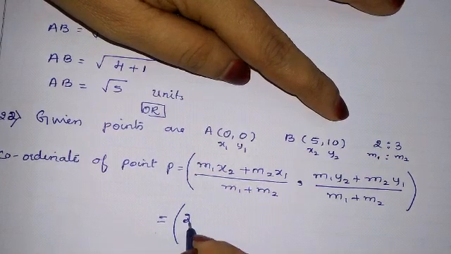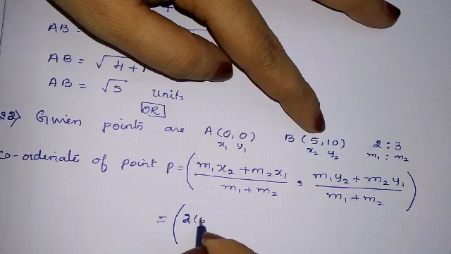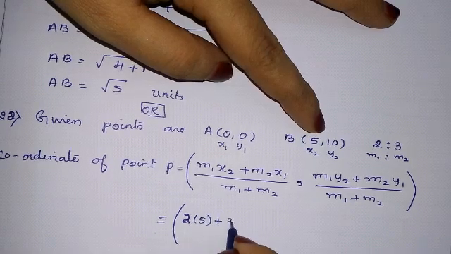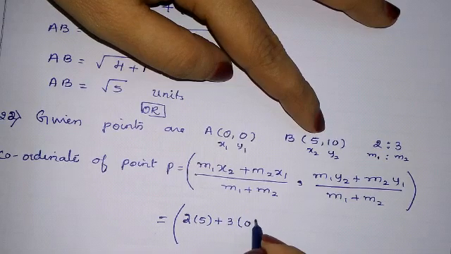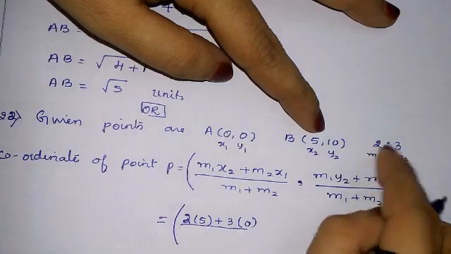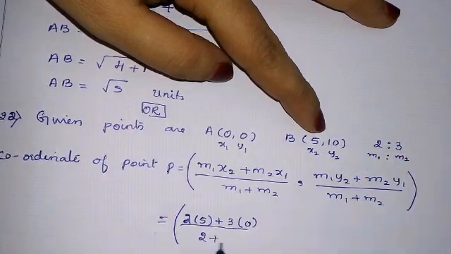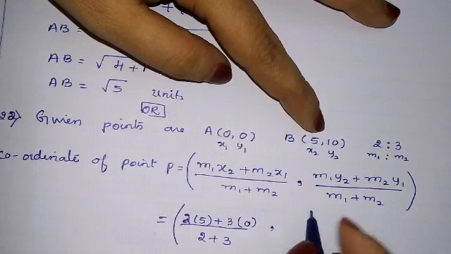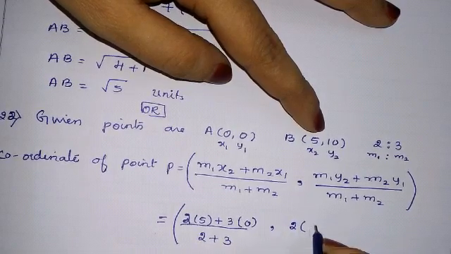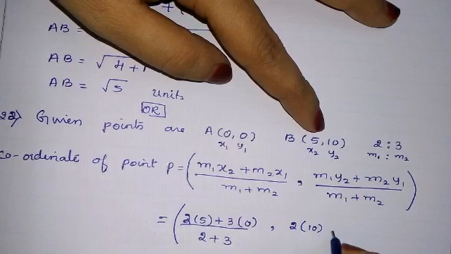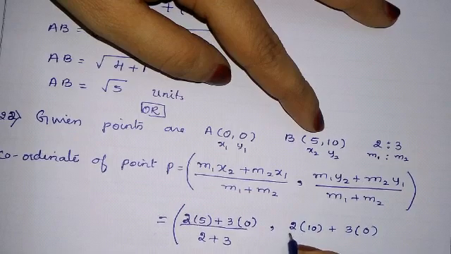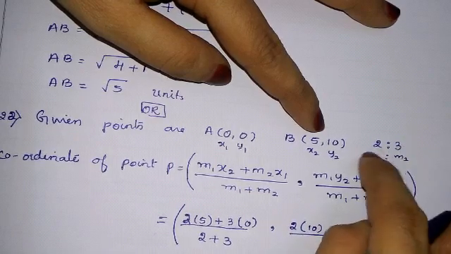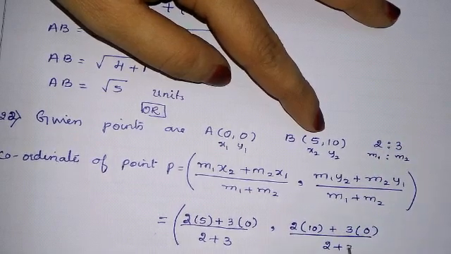Let us substitute the values now. m1 is 2, x2 5, plus m2 3, x1 0. Next upon m1 plus m2, 2 plus 3. Like that only, m1 2, y2 10, plus m2 3, y1 0, upon m1 plus m2, 2 plus 3.